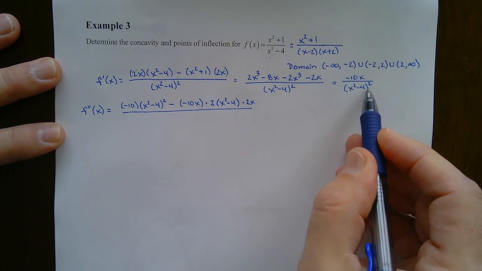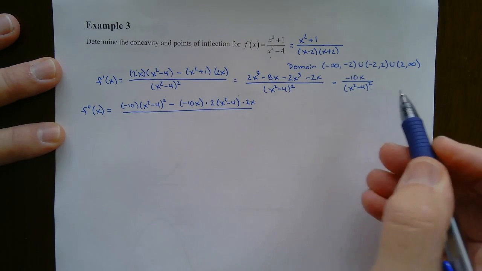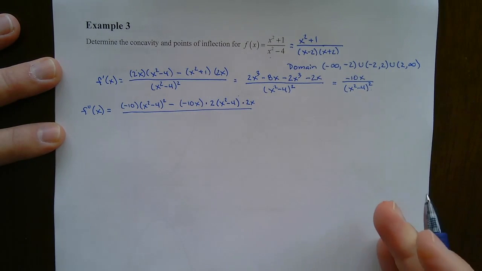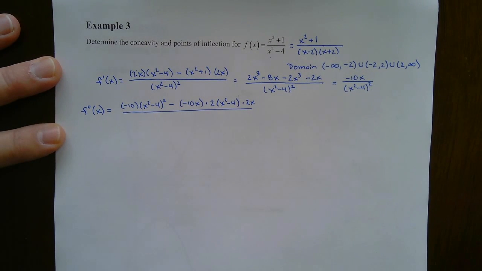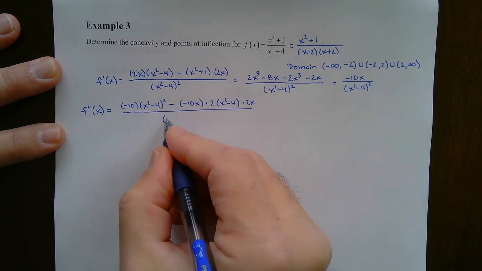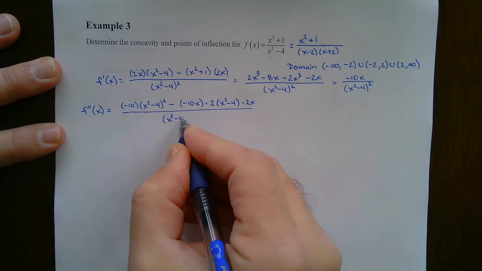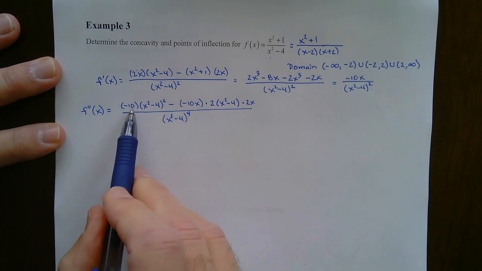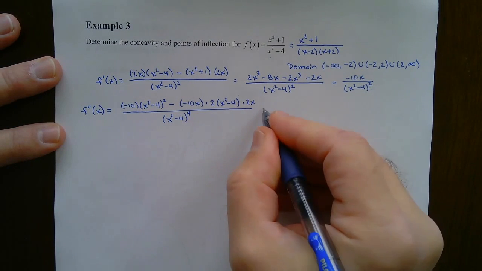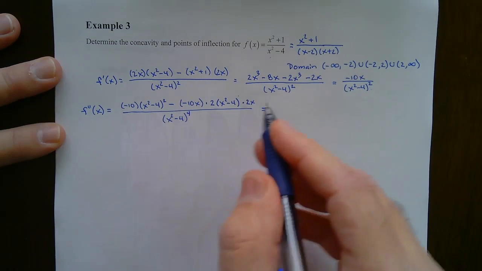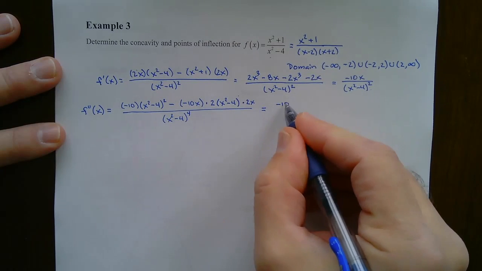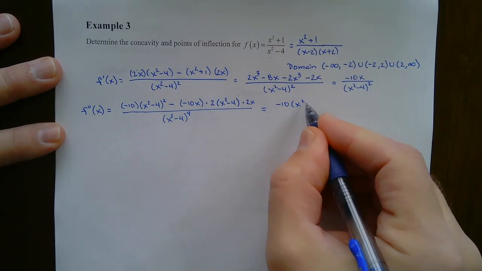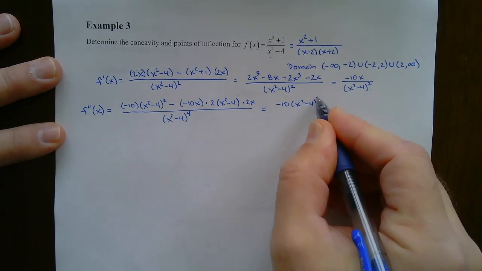Okay, so this is already being squared, so I'm going to square that. That would mean I have a power raised to another power, so I need to multiply the exponents. So this denominator becomes x squared minus 4 raised to the 4th power. Okay, I'm going to clean this up a little bit. This becomes negative 10 times x squared minus 4 squared.